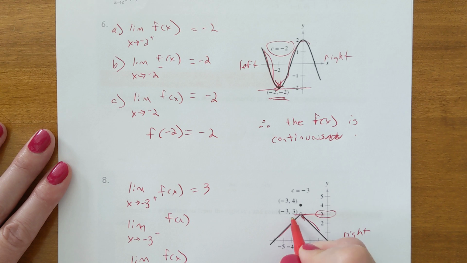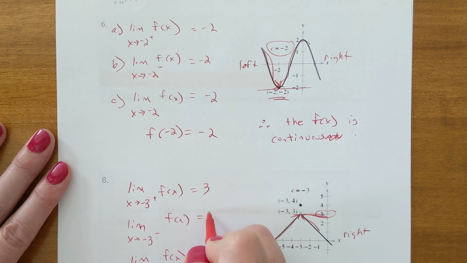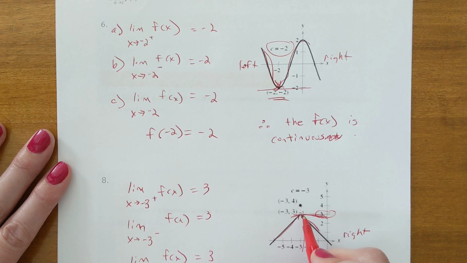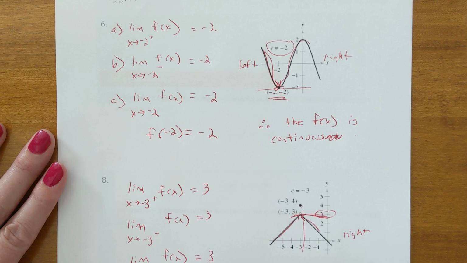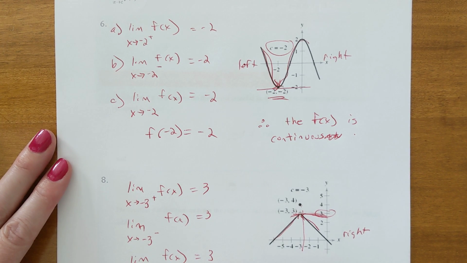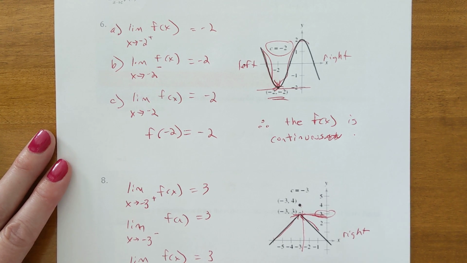From the left, it's also coming close to number 3. So the limit's 3. And then if you do f of -3, if you look at the picture, because there was a hole here, it's equal to the number 4. So because that's true, the graph's discontinuous at that point. Therefore, f of x is not continuous.